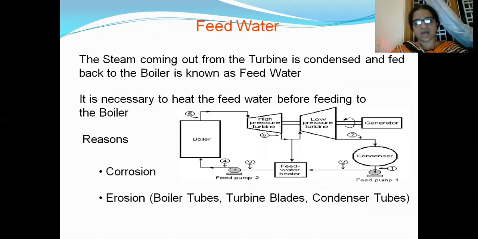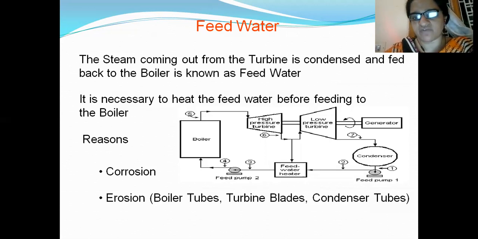Some of the reasons are: what happens in boiler water? It is necessary to heat the feed water before feeding it to the boiler. Why should the temperature of the water be increased before giving it to the boiler? Because the boiler gets easily corroded.